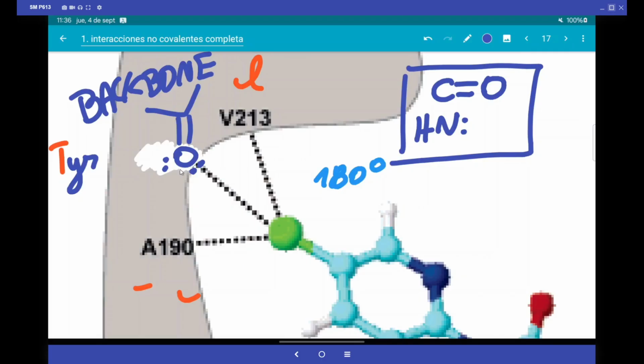If the tyrosine mutates, the interaction may be lost. When there is a halogen bridge, many times it is not lost, because the backbone will not disappear. It does not matter which residue you have here; the halogen bridge will not be lost. But if you had a hydrogen bridge, it may be lost.